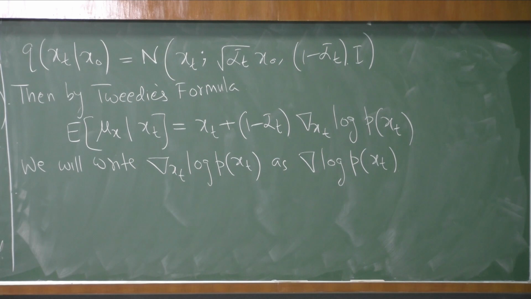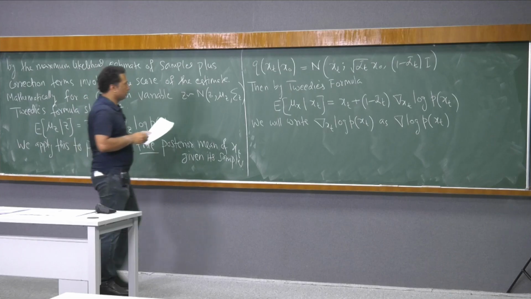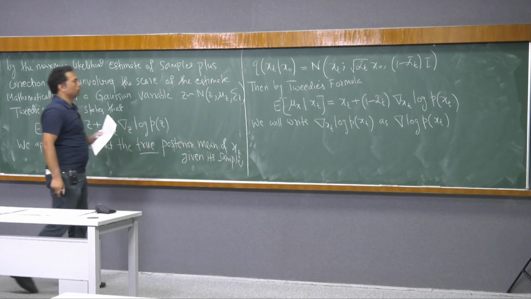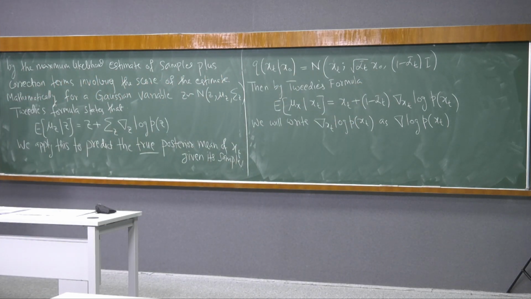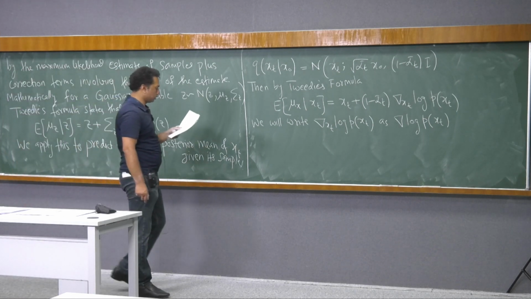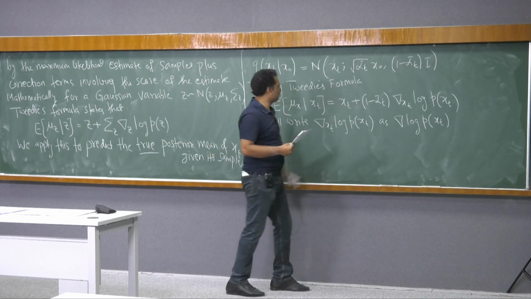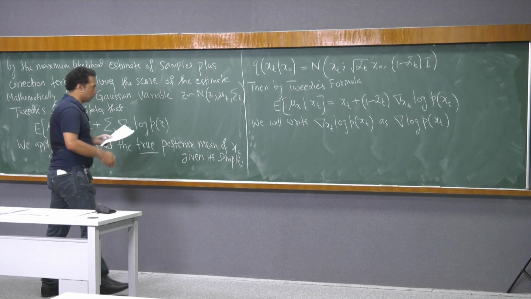Okay, so now with the Tweedie formula, the best estimate for the true mean of xt is generated from mu xt, which is given as this. So the mean is square root of alpha bar t x naught. We know that. So combining these two facts, what we want and what the Tweedie formula gives me, they should match. This is what we are going to use.